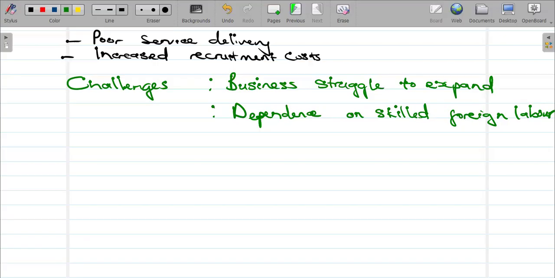For example, an example of this situation is whereby an IT company cannot develop new software due to lack of what? Skilled programmers. It is also a problem, which is a challenge.